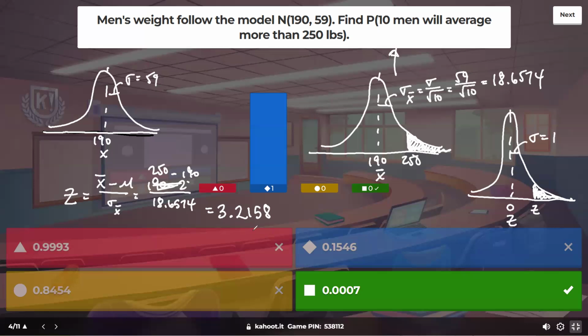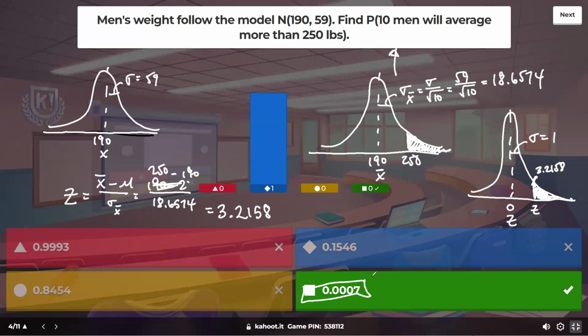So we found that this z value right here is 3.2158, and we want to find the area to the right of the z value 3.2158. How do we find that? In the spreadsheet. 0.0006. And there you are.